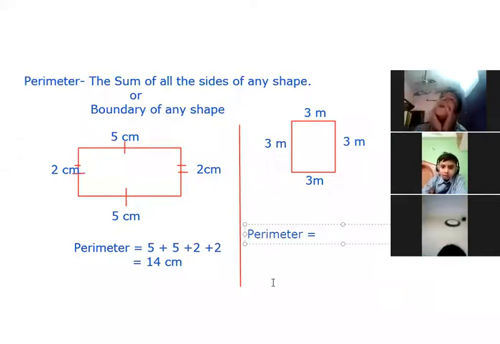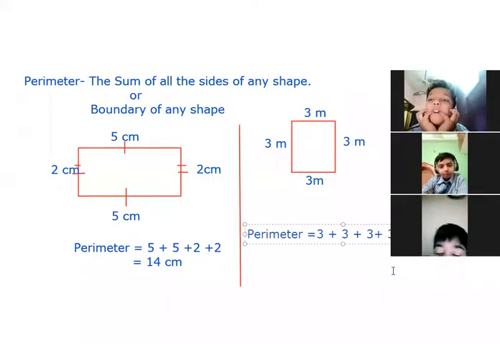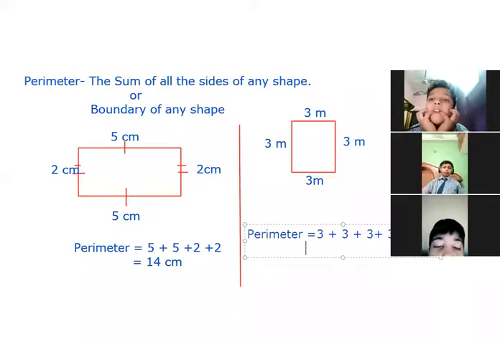Quickly tell me. Ma'am, 3 plus 3. Exactly, 3 plus 3 and 3 plus 3. Again 3 plus 3. Yes or no? So what will be the answer after addition of all these sides? Ma'am, 12. 12. So 12 will be your answer.